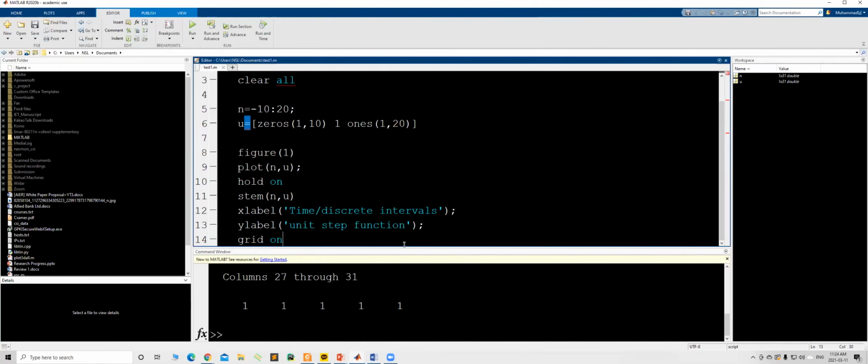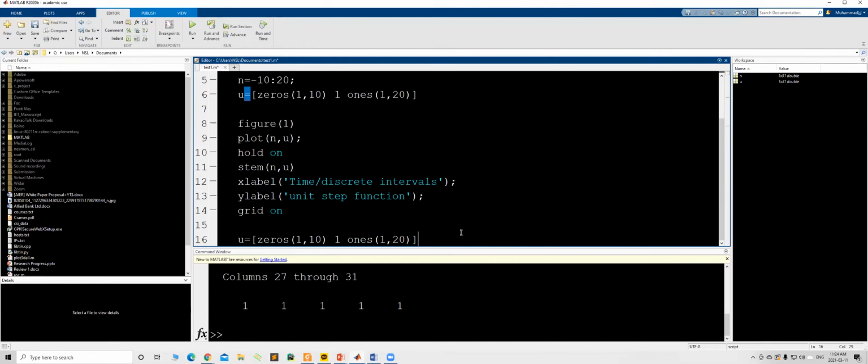So now how about I try to make the unit impulse function that I just explained to you earlier. So I will just type this one, and instead of ones I will say that it is zeros again. So I should have only 1 at the middle, and I should have zeros before, and zeros after, right?